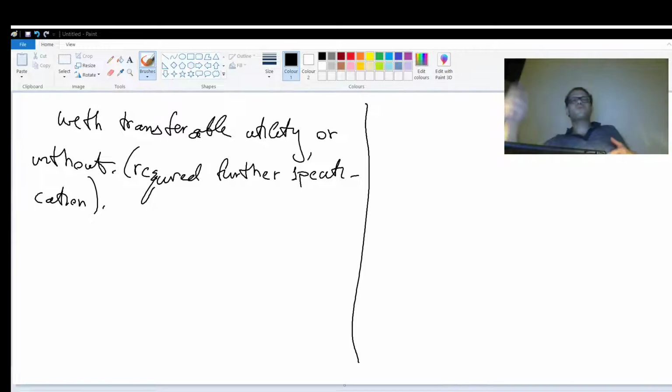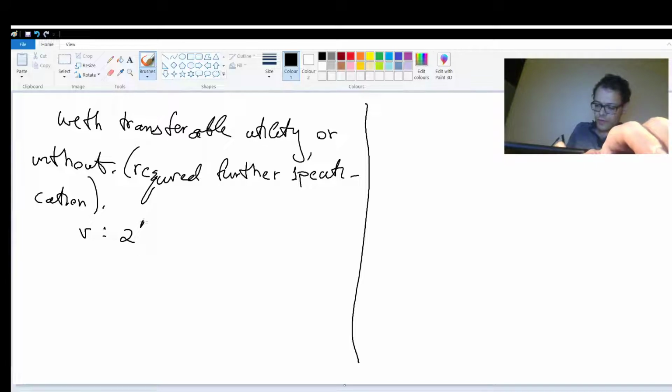There are many ways to also tell something about the game. So there are, for example, games where the value function, the function which basically defines what is the value of each coalition, which goes from the set of all the coalitions to real numbers, can be, for example, either additive, sub-additive, or super-additive.